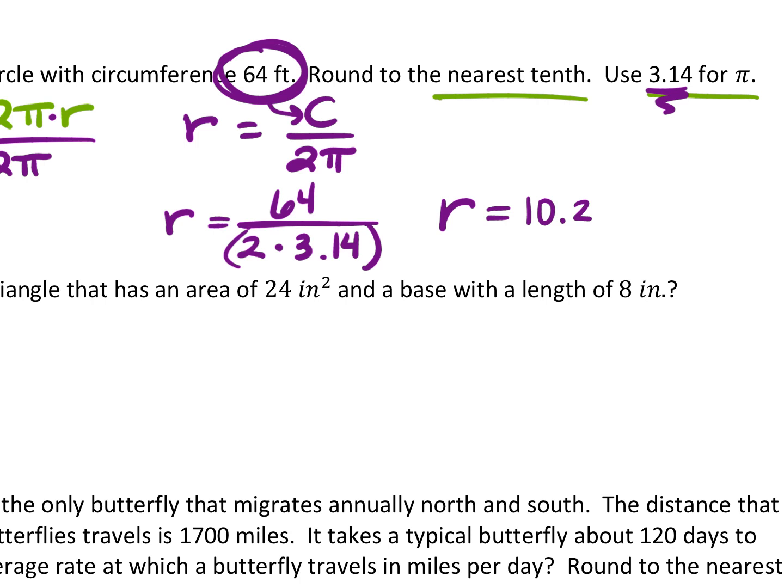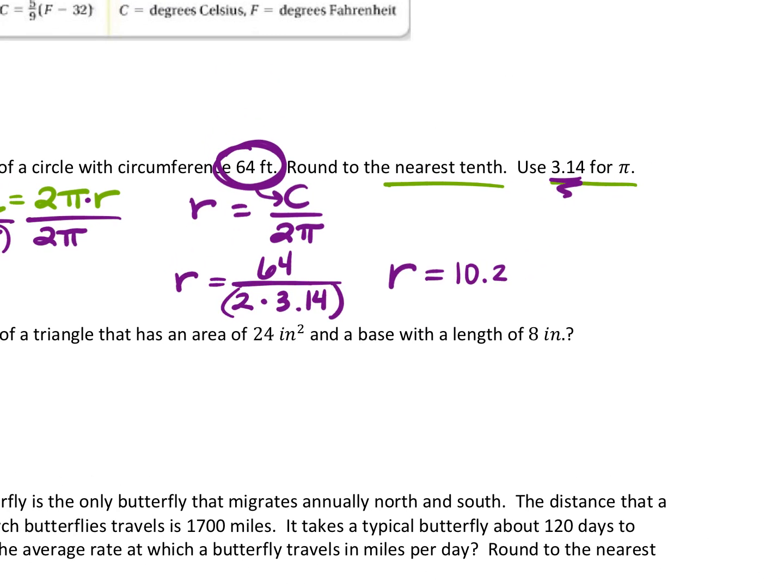If you got something different than 10.2, you're plugging it into your calculator wrong, okay? You need to go 64 divided by parenthesis 2 times 3.14. You don't technically have to finish off your parenthesis because your calculator will assume it, but I would for the sake of consistency.